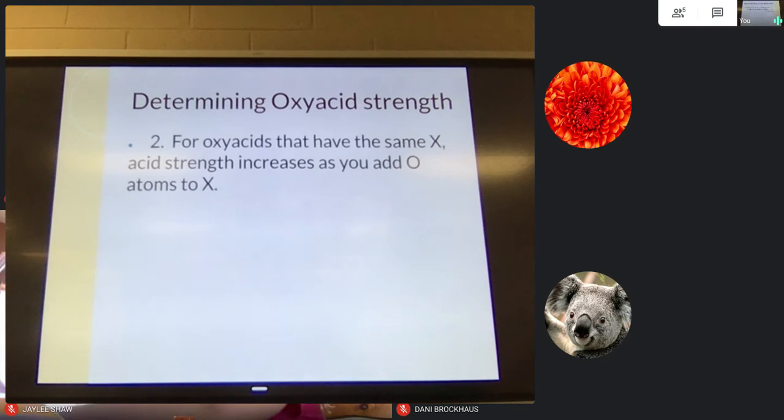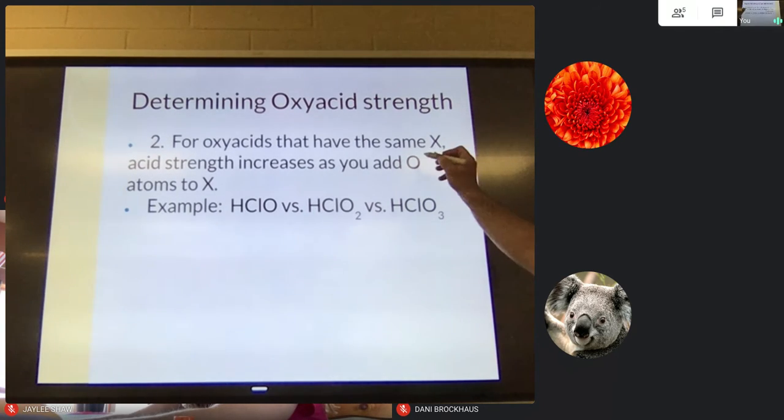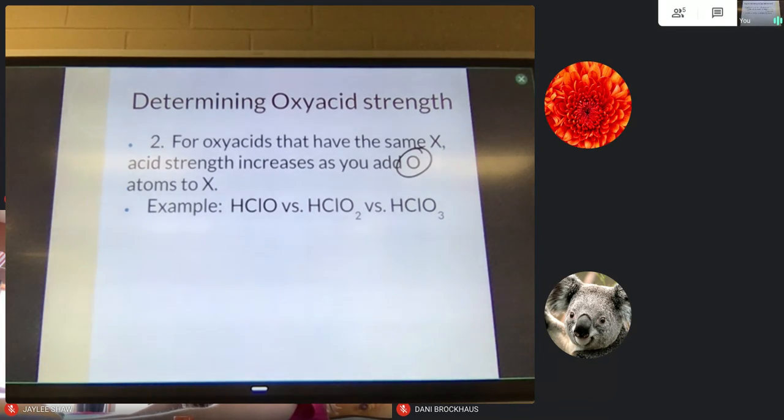Rule number two is if the oxyacids have the same X, the acid strength increases as you add O's to the X. What does that even mean? Here are our chlorine acids: HClO, HClO2, HClO3. As we get more oxygens, it becomes a stronger acid. The reason is that every time you add an O, it makes the conjugate base a little more stable.